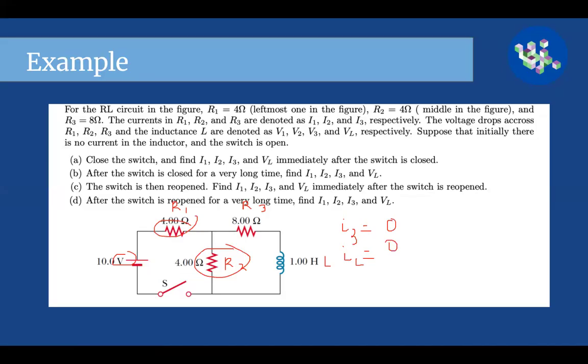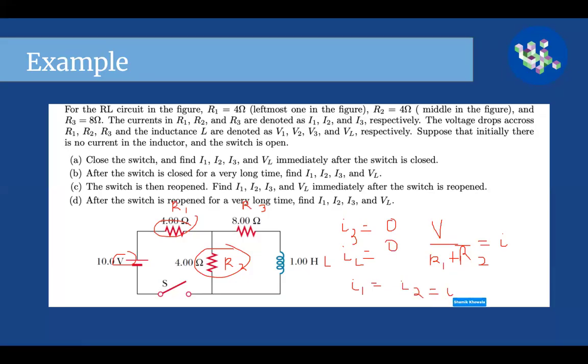So now we just do our regular Ohm's law. We just say that V over (R1 plus R2) will equal I, where I is the current through the loop. And since they're in series, it's just I1 equals I2 equals this current.